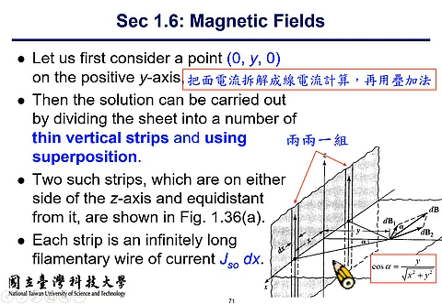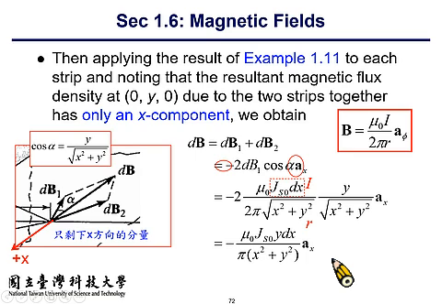So the projection can be found as cosine alpha. And according to this relationship, cosine alpha can be written as y over square root of x squared plus y squared. Okay.